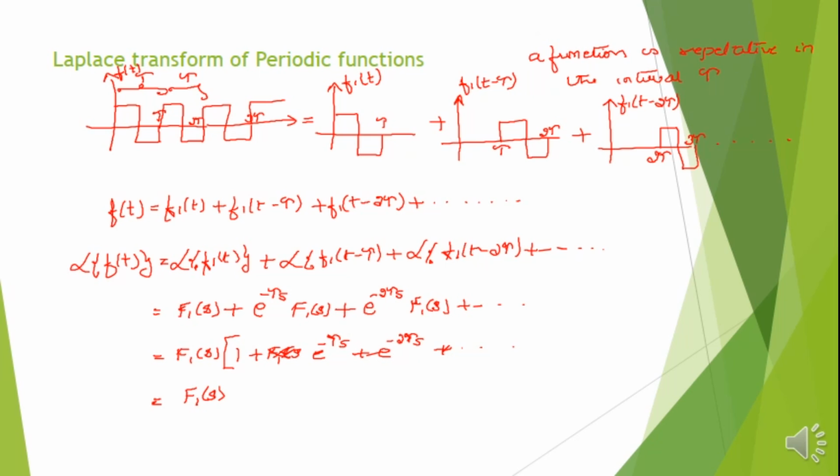So it is 1 by 1 minus e to the power minus tau s. So F of s equals F1 of s into 1 by 1 minus e to the power minus tau s, where tau is the period and f1 of t is the fundamental signal.